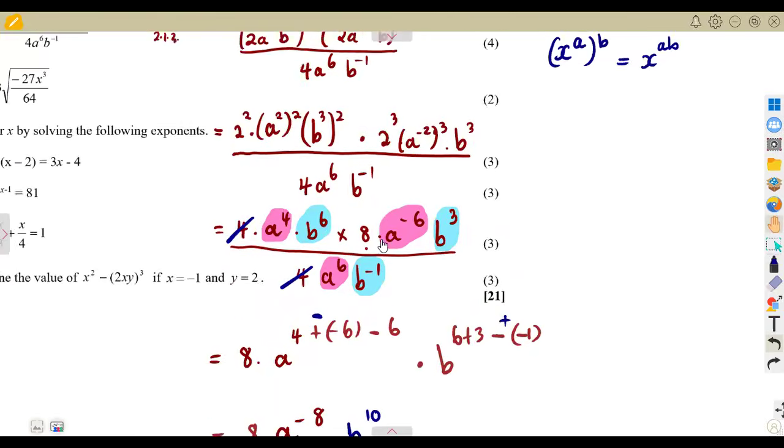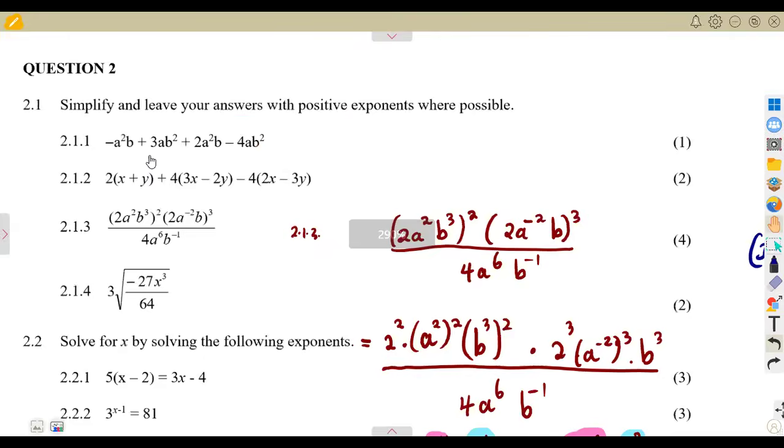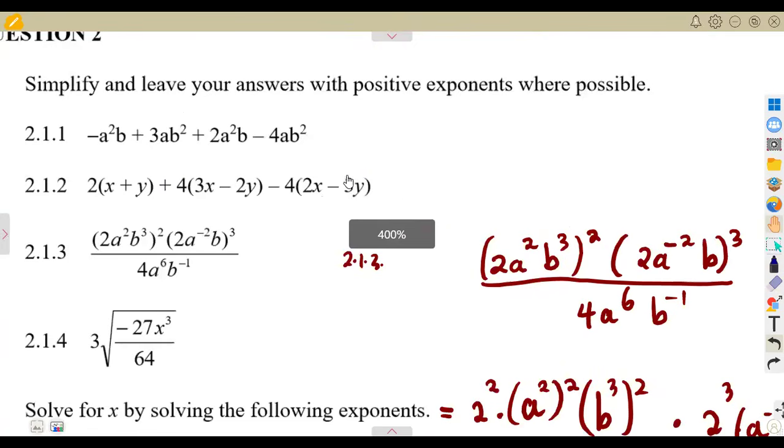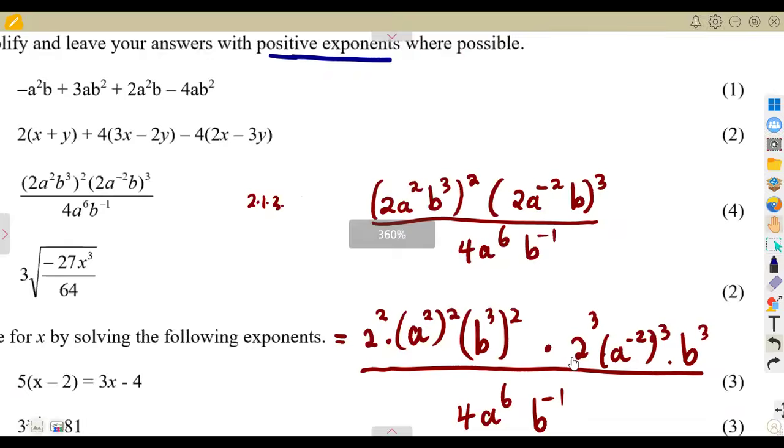That's why we are given that this must be in terms of positive exponents. Leave your answers with positive exponents where possible.